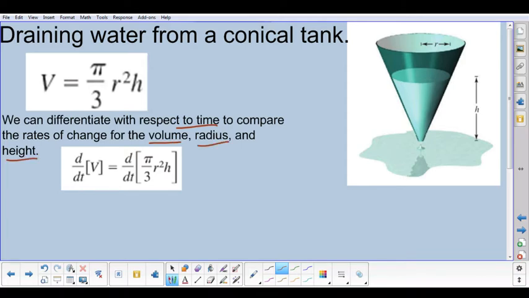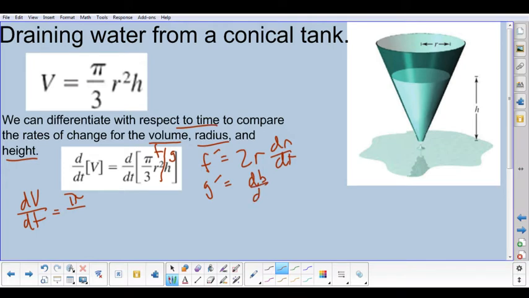So here's the start. d/dt of the volume equals d/dt of the equation right here. Let's differentiate this. I'll get dV/dt equals, and I'm going to have to use the product rule here, where r squared is my f and h is my g. So my f prime is going to be 2r dr/dt, and g prime is h, which is 1 times dh/dt, or just dh/dt.